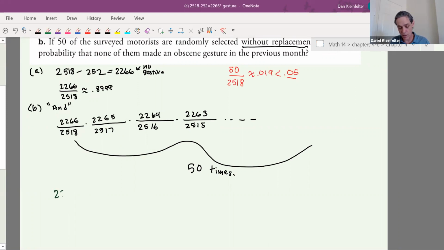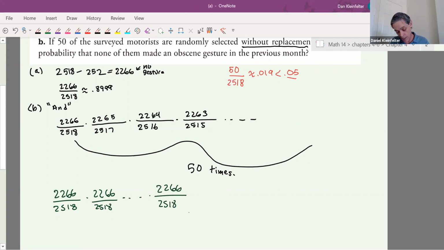So it's going to be 2,266 over 2,518 times 2,266 over 2,518, and so on. So now it looks like it's starting to be bad again. However, notice that all those fractions are the same and we're repeatedly multiplying, right?